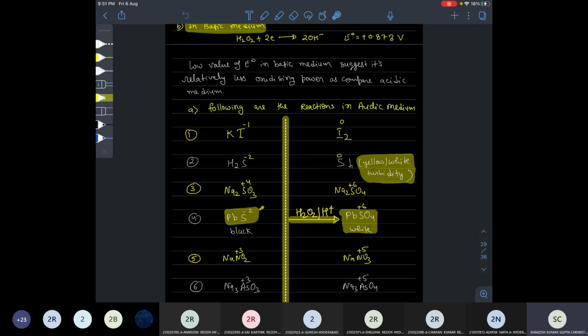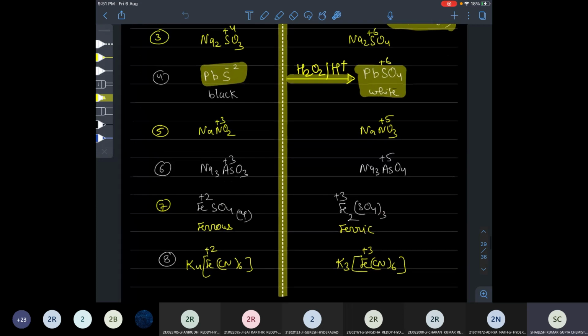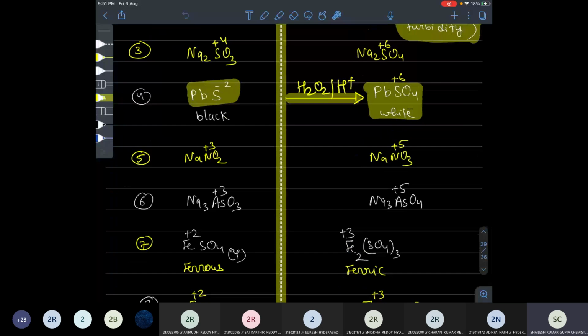And this reaction is very special. As I told you in the morning also, this reaction is used to regenerate the color of old paintings, because with time lead forms PbS, a black precipitate over the paint, which darkens the color.